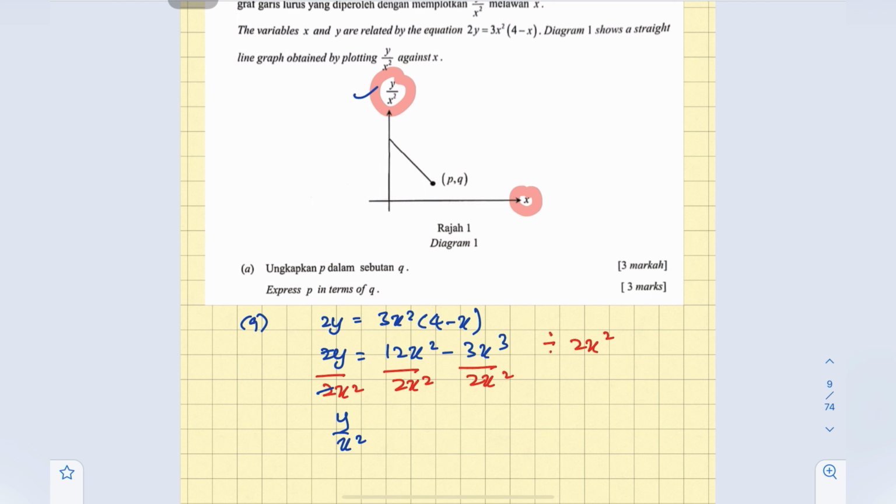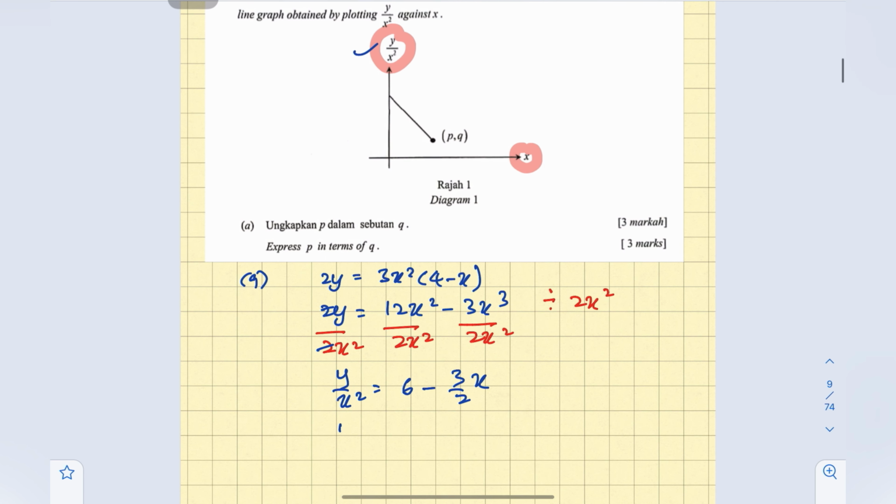So the rest we simplify. This one is 6, minus 3 over 2 x. So big Y is y over x squared and big X is x. Then we rearrange: y over x squared equals negative 3 over 2 x plus 6.